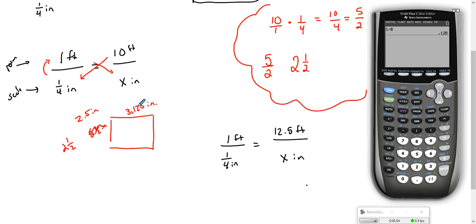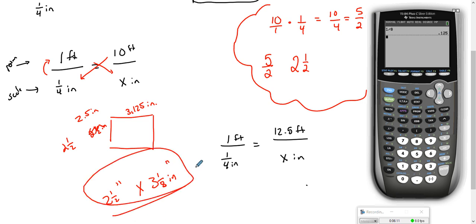So 3.125 would be the same thing as 3 and an eighth. So this scale one is 2.5 inches by 3 and an eighth inches. You could do this, or you could do the 2.5 by 3.125. Either one of those is fine with me. A construction worker would like that one better, though.